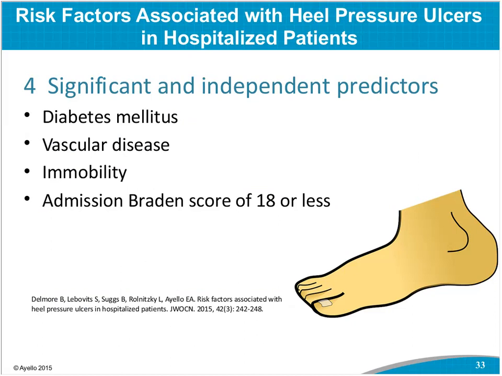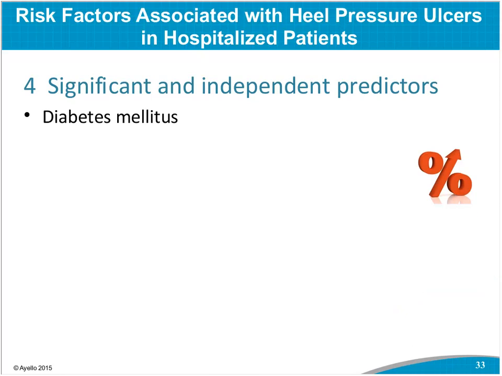So that we now at NYU start to look at Braden score scales plus diabetes mellitus, vascular disease, and immobility as important factors to look at to prevent heel pressure ulcers in our patient population.